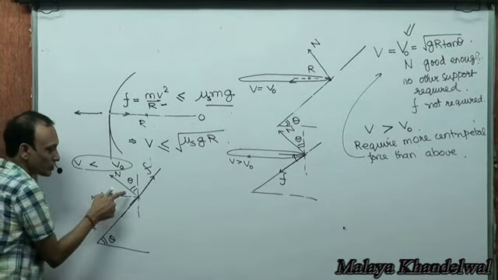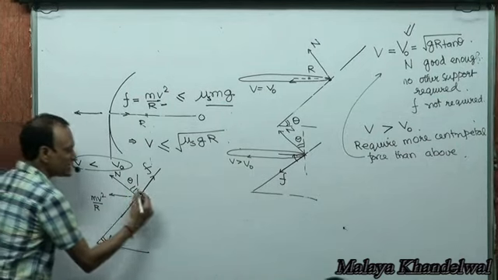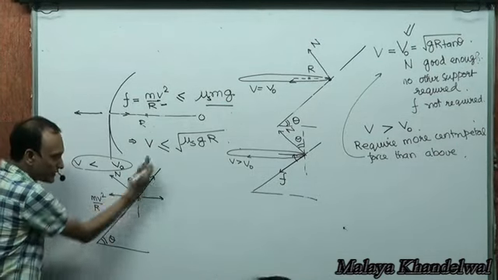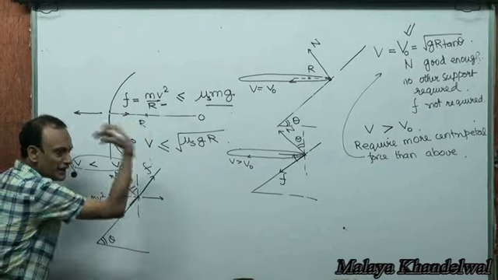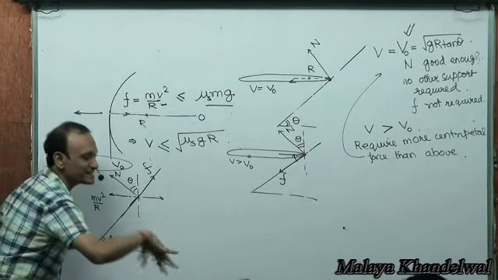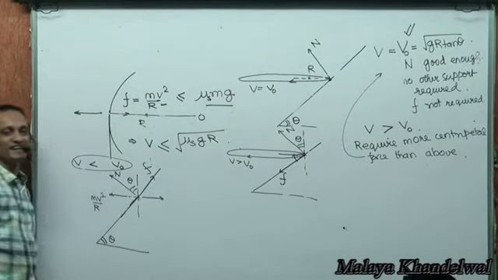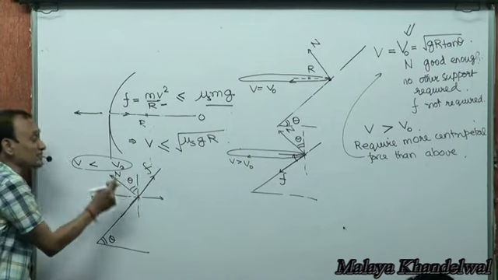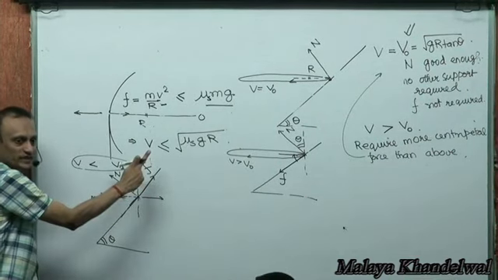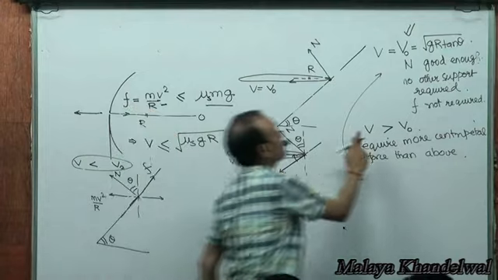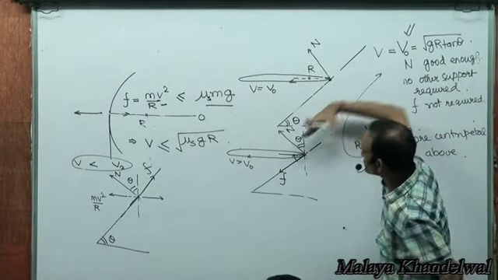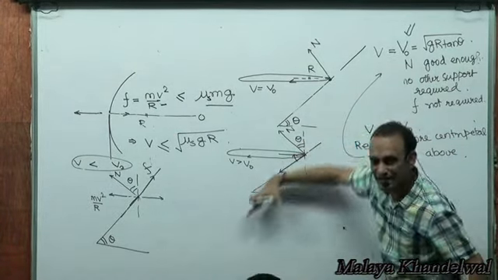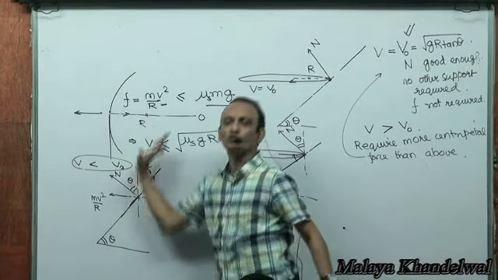So that the component of N sin theta is partially diluted by the component of F horizontally, and the centripetal force is lesser. So if V is less than V naught, friction acts outwards like this. If V is more than V naught, friction acts downwards or inwards. They call this inwards, they call this outwards.